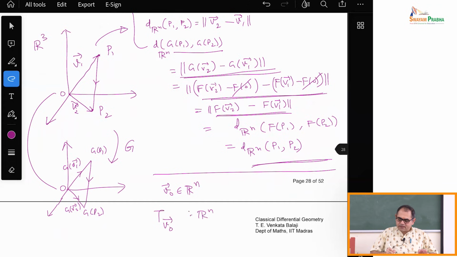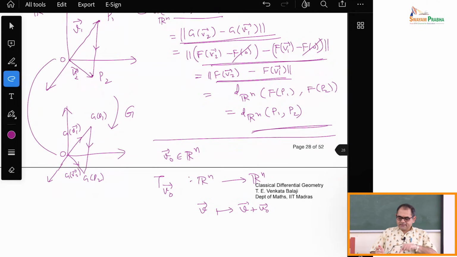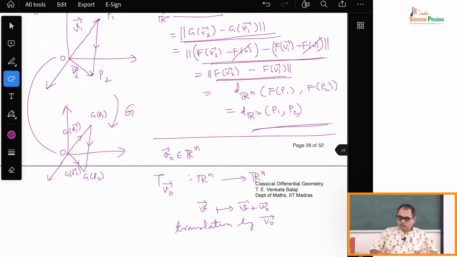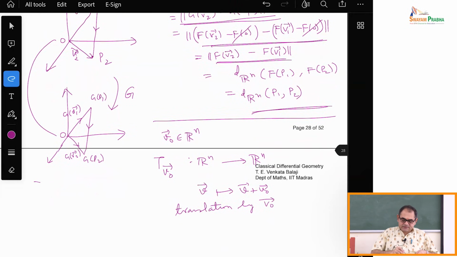This is a map from Rn to Rn, which is just translation. You take any V and send it to V plus V naught. Okay, this is called translation by V naught. Now the fact is that this translation is an isometry, of course.